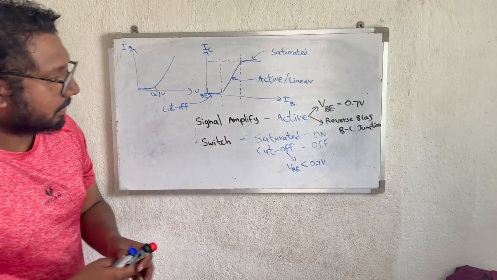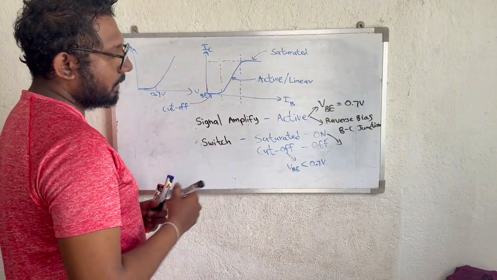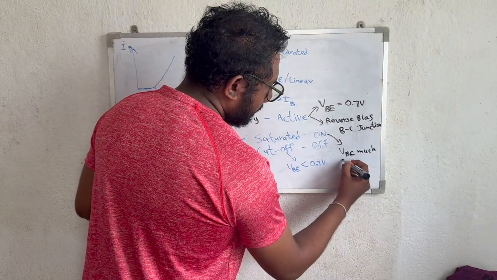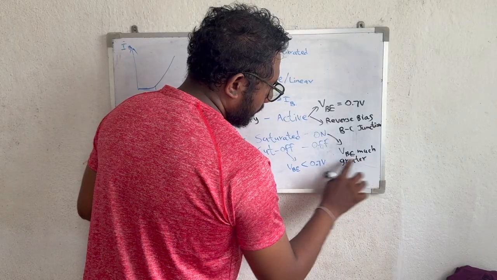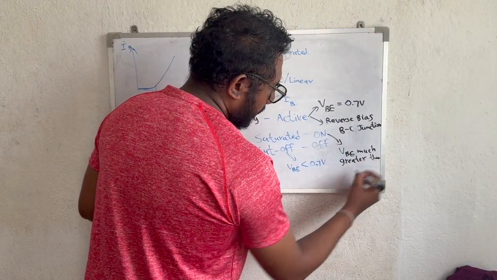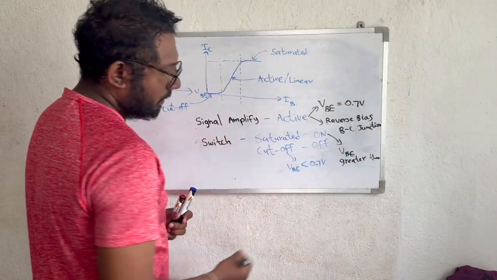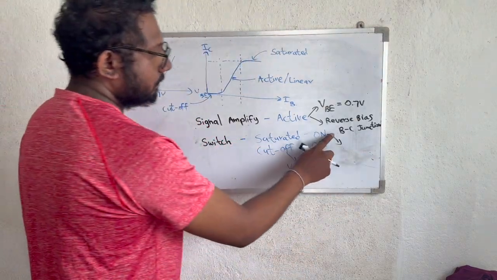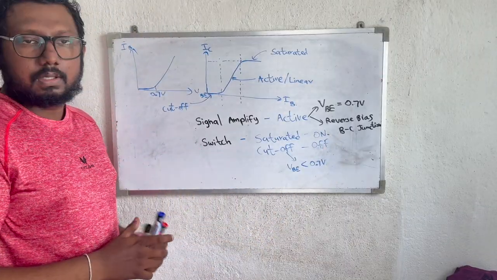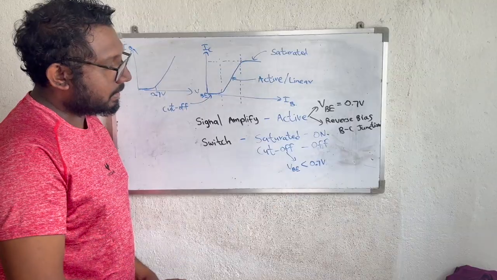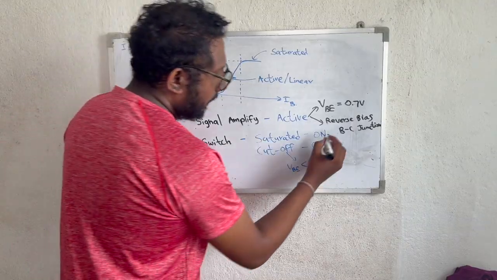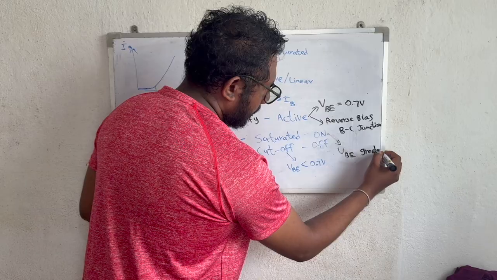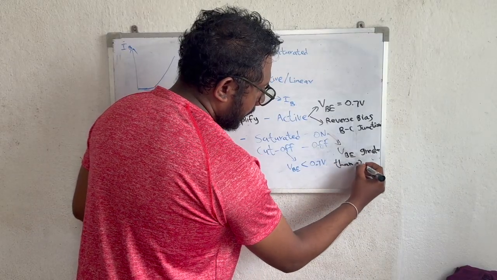What about the saturated region? How can we bias this transistor into the saturated region? We have to provide a VBE value greater than 0.7.